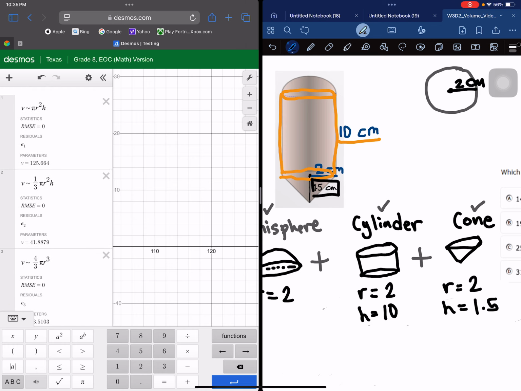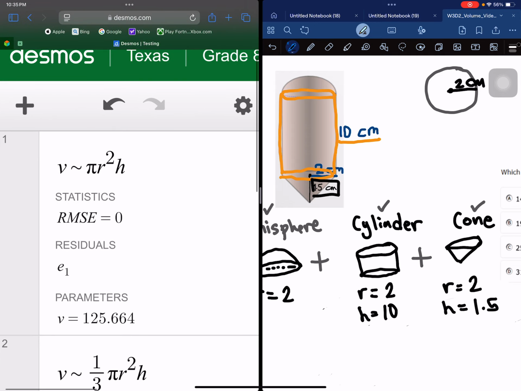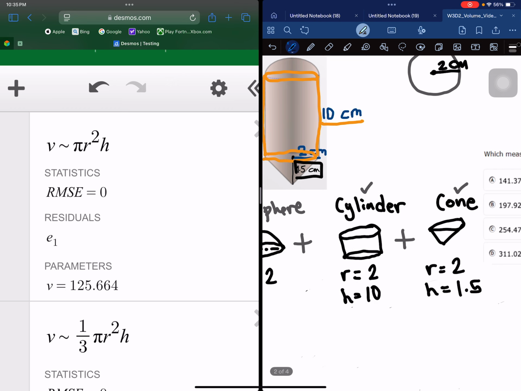So I'm going to check my cylinder here. My cylinder is this formula since I plug in the height of the cylinder. So the volume is 125.66. That's for the cylinder.